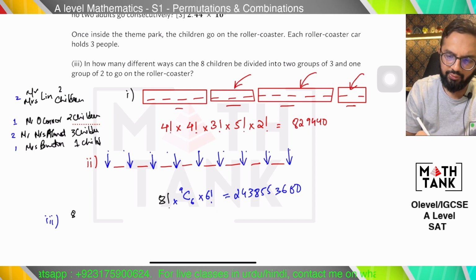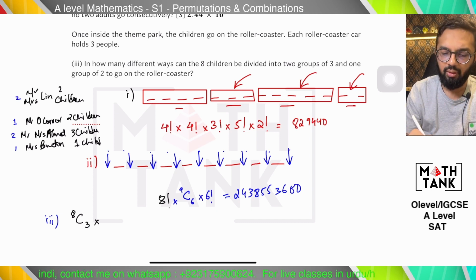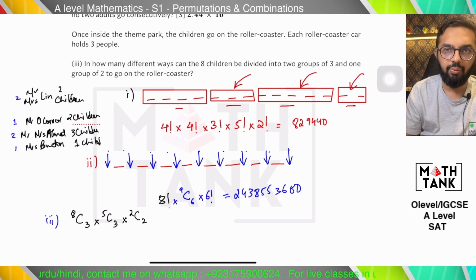8 children, so 2 groups of 3. The first group is chosen 8C3. There are people separated into the first group. Leftover people 5C3, and 5 people are left over. Another group of 3 is chosen, and the remaining people go into 2C2.